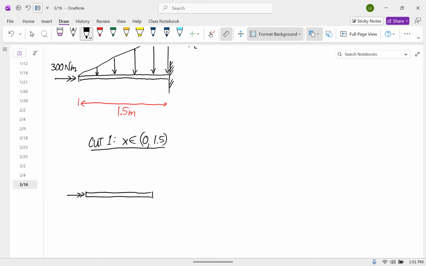So we have the 300 Newton meter torque there. And we have the distributed load there. And then we have the internal loads, T, V, M, and fancy T.